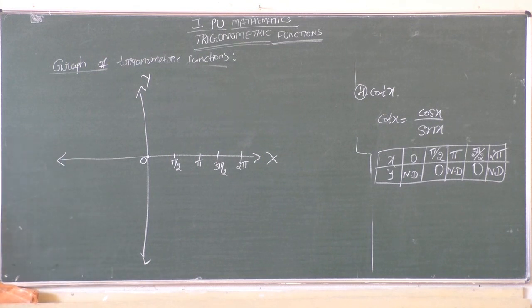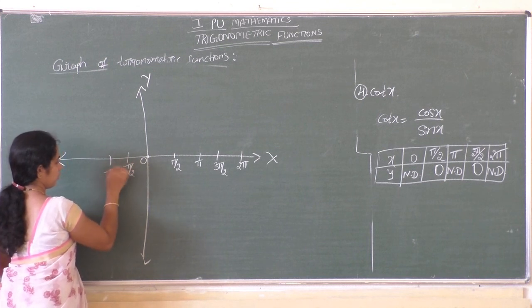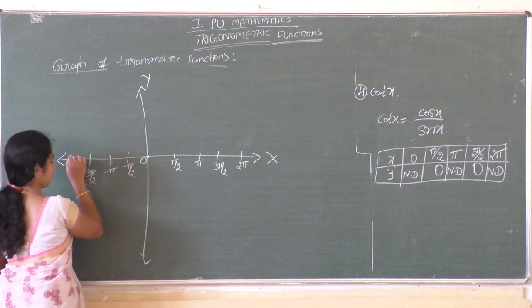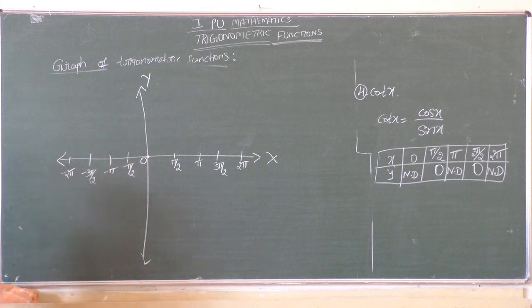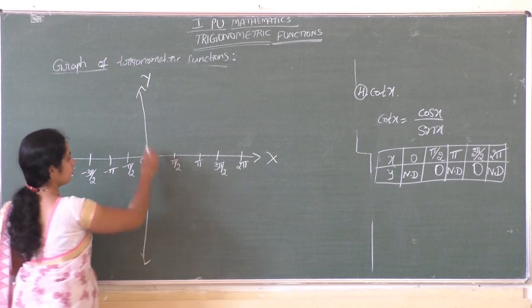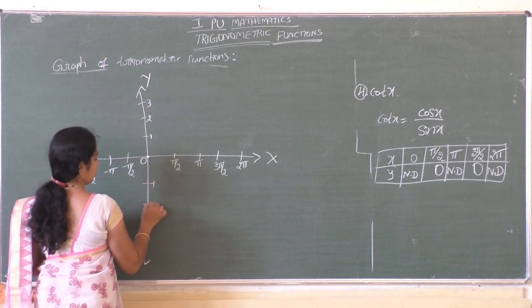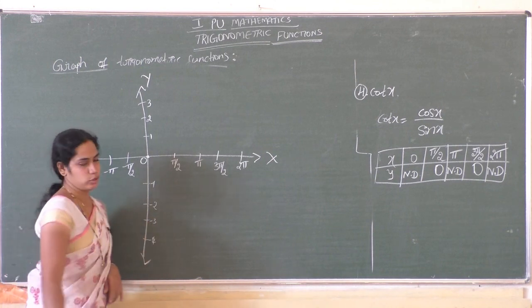Then for the negative side, minus pi by 2, minus pi, minus 3 pi by 2, minus 2 pi. Now on the y-axis take 1, 2, 3, 4, and so on, and minus 1, minus 2, minus 3, minus 4, and so on.